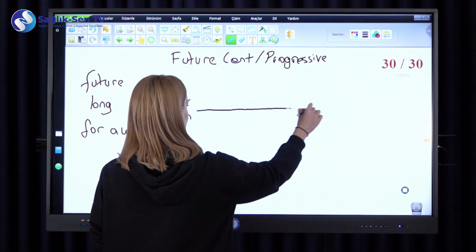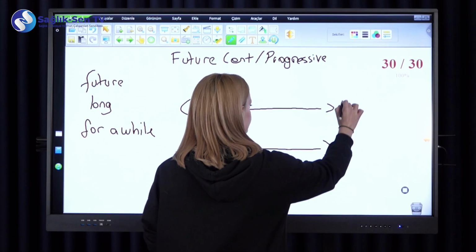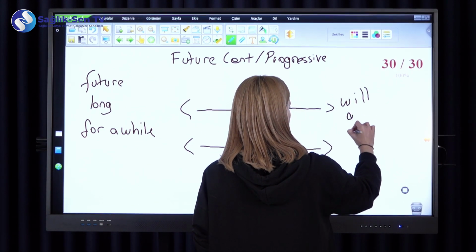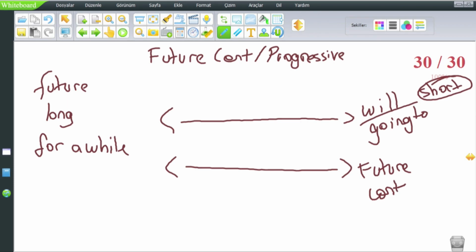We can differentiate them like this. For example, this is will and going to. These are short actions. And in here we have future continuous. And we can show it like this on the timeline so you can understand better.